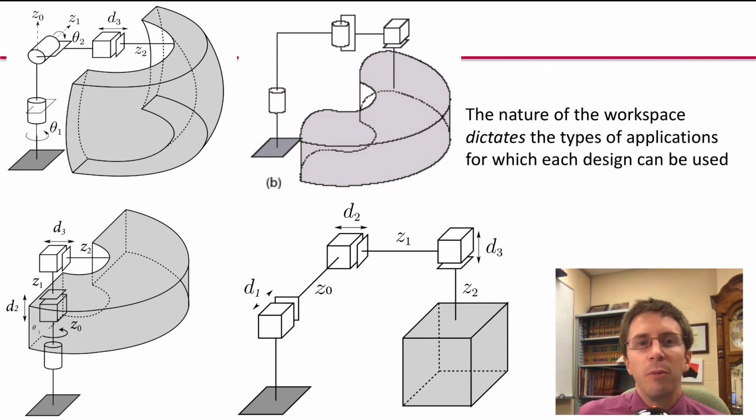So a spherical robot is very good if you are doing a camera that needs to be pointed anywhere, or a gun turret. A SCARA robot was designed for pick-and-place operations for building circuit boards and assembly. The cylindrical robot is very good for fetching objects from warehouse shelves. A Cartesian robot is ideal for CNC machining.